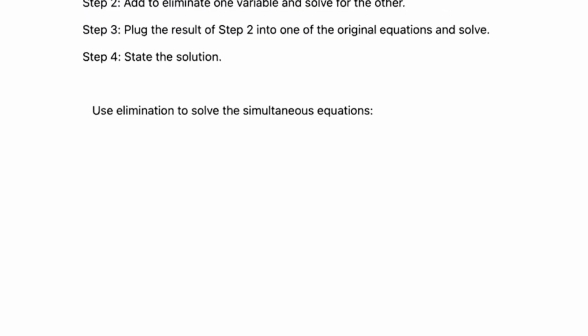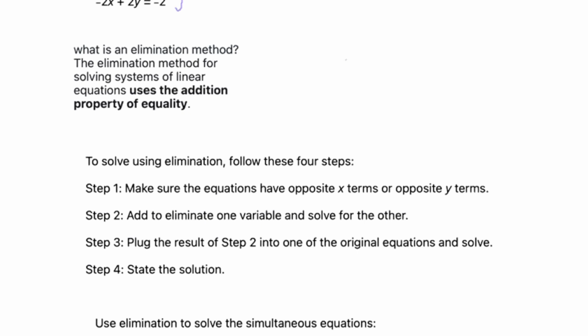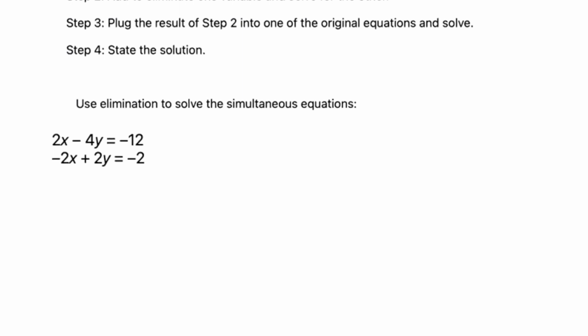The first one, we have to make sure the equations have opposite x terms or y terms. So here the equations are 2x minus 4y is equal to minus 12 and minus 2x plus 2y is equal to minus 2. Now we have to make sure the equations have opposite x terms, so both the equations should contain x, because first we have to solve for x.